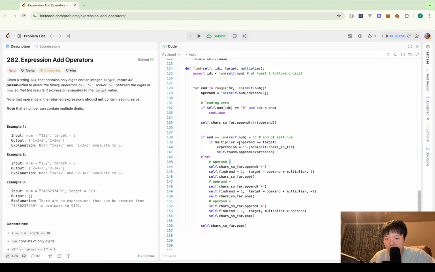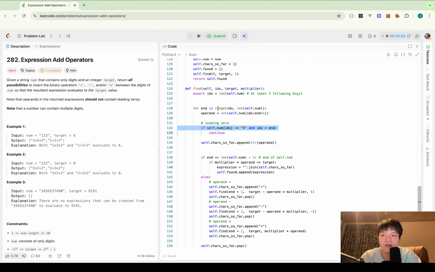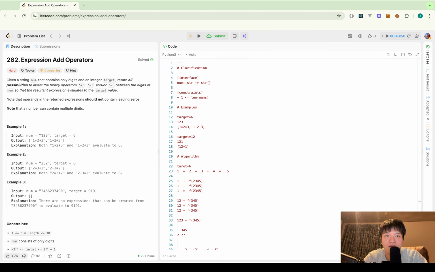Then I continue the backtracking with each case. The case I overlooked is the leading 0, which can be found in this logic. Okay, that being said, I finished my coding practice for today. Thank you so much. Bye.